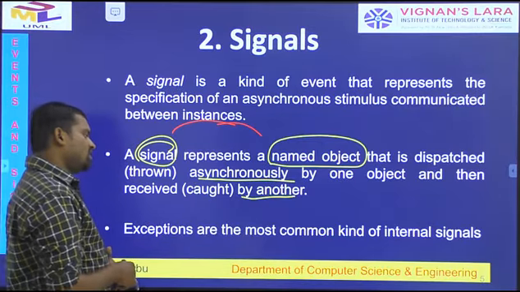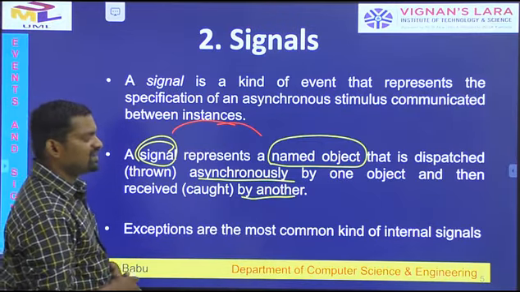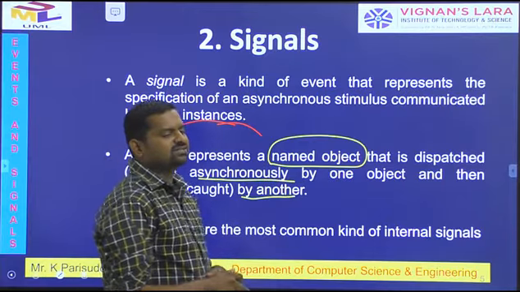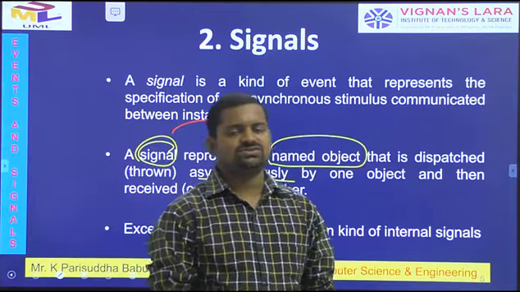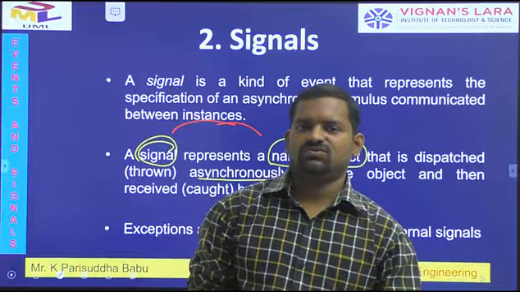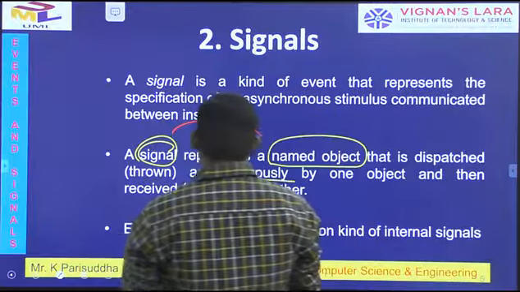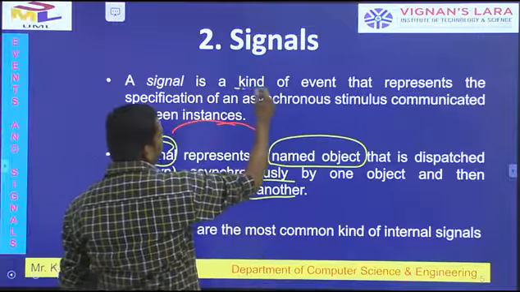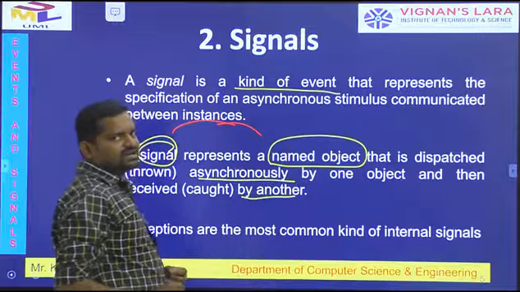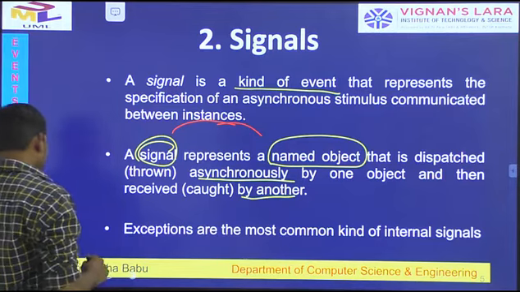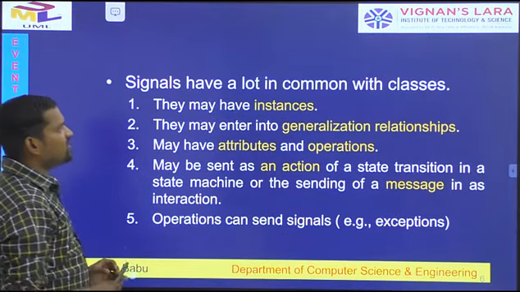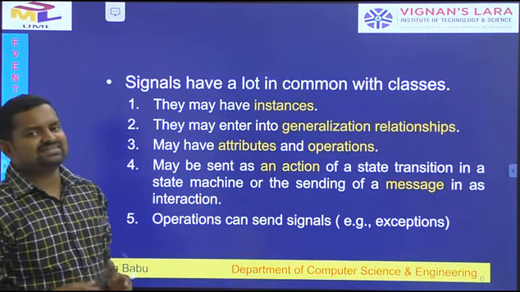Exceptions are the most common kind of internal signals. We already saw exceptions, like overflow. Exceptions are also signals, events. A signal is a kind of event. Signals have a lot in common with classes.